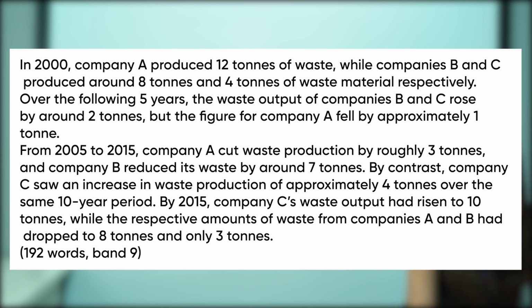By contrast, Company C saw an increase in waste production of approximately 4 tons over the same 10-year period. By 2015, Company C's waste output had risen to 10 tons, while the respective amounts of waste from companies A and B had dropped to 8 tons and only 3 tons.